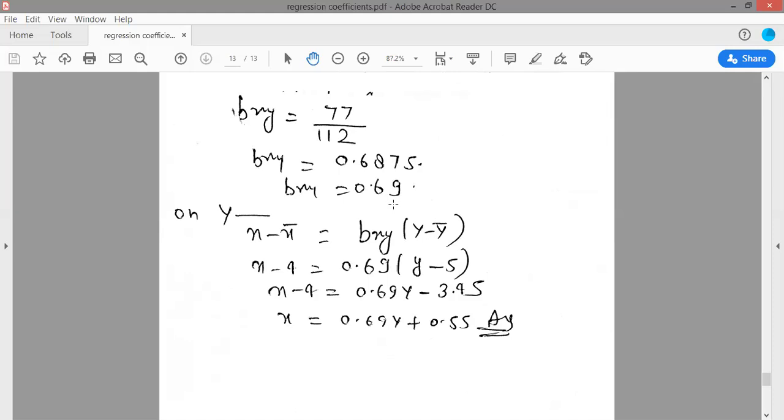You just need to do the calculation, and you will get your bxy. I think a calculator will be allowed, so do your calculation by using your calculator. So x minus x bar is equal to bxy into y minus y bar. This is your regression line of x on y. So x is equal to 0.69 y plus 0.55.